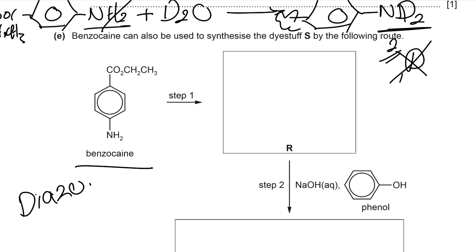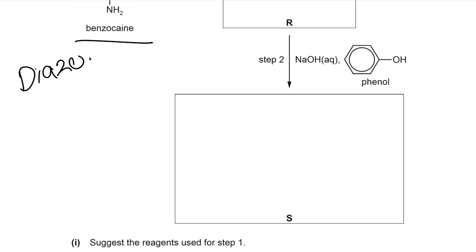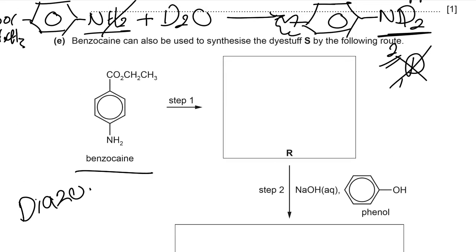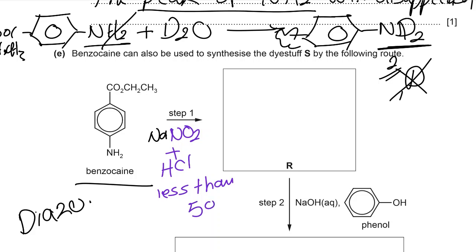So now the question: suggest the reagent used for step 1. To form the diazonium salt, you need to use this mixture of NaNO2 with HCl, and the temperature should be less than 5 Celsius.